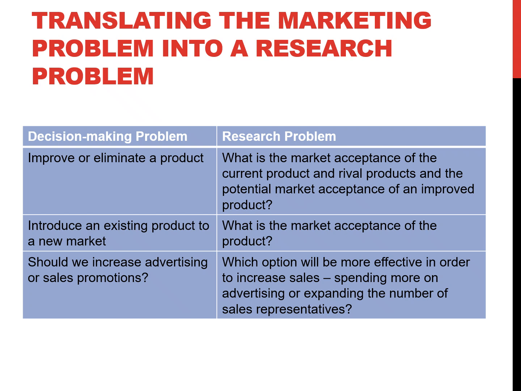So we obviously need to look at the market acceptance of the product in terms of introducing an existing product to a new market, and how will consumers receive advertising or sales promotion? What will be the most effective? Should we use social media? These are all sorts of decisions that we need to make.